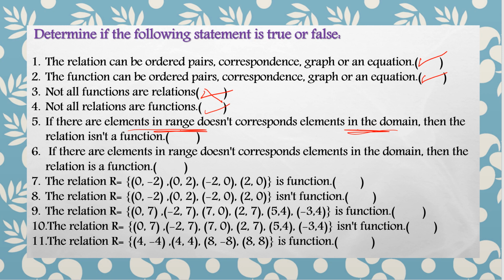For the relation to be a function, each element in domain should correspond to exactly one element in the range, but not all elements in the range should correspond to an element in the domain. So this statement is false.